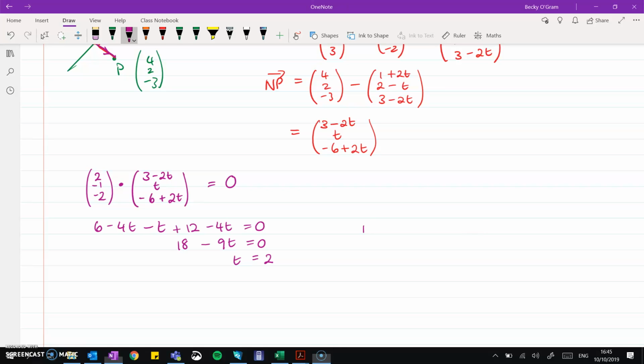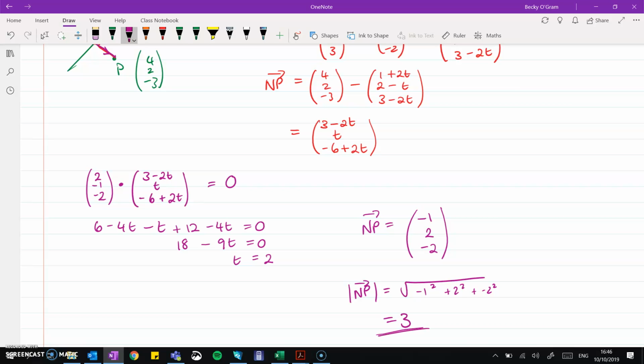So now if we pop that back into NP, putting 2 into each of those places for t, we'll get (minus 1, 2, minus 2). So then the modulus of NP comes to 3. So that's our final answer for part 1.